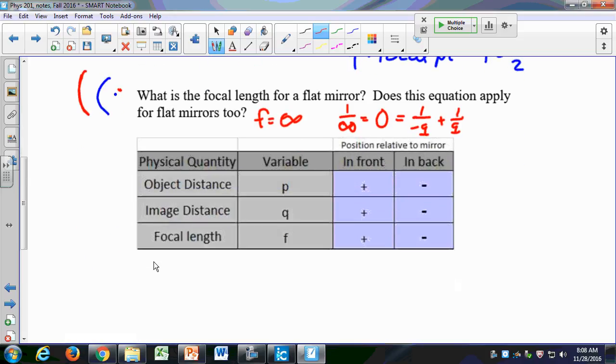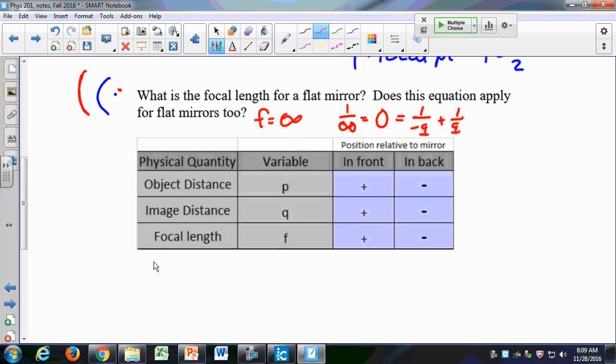All right, so just a reminder of some of the things here for our sign notations, and that's going to be the big thing on this portion of the test, getting your signs right. You need to remember when is P positive, when is Q positive, when is F positive or negative. So the object distance is positive if the object is on the front side of the mirror. When I talk about the front side of the mirror, what I mean is the side from which the light rays are coming.